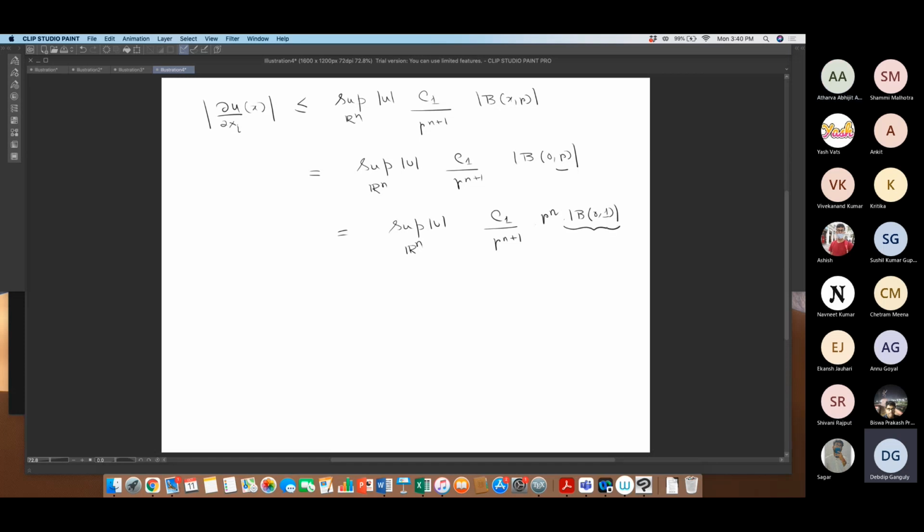This is a constant, the measure of the ball of radius 1 centered at 0. The supremum is bounded, say M. So M times C1, the R to the power n cancels out, and this is alpha n by R.